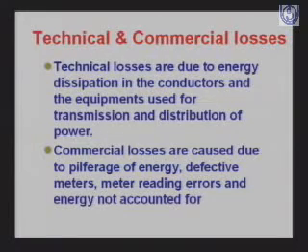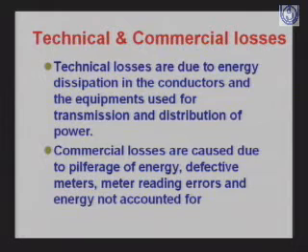Now let me get into the terms which are applicable to your distribution system. There are basically two losses in any distribution system: one is technical and the second is commercial losses. Technical losses are due to energy dissipation in the conductors and the equipment used for transmission and distribution of power, depending upon the resistance they offer and the current flowing through them.